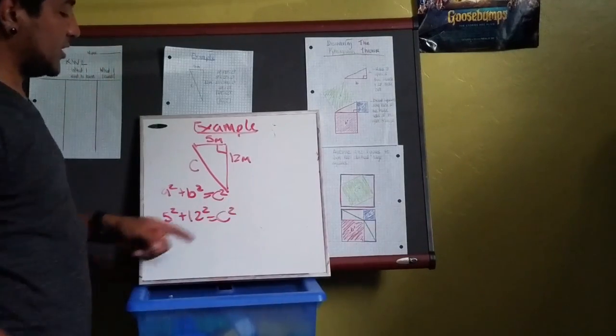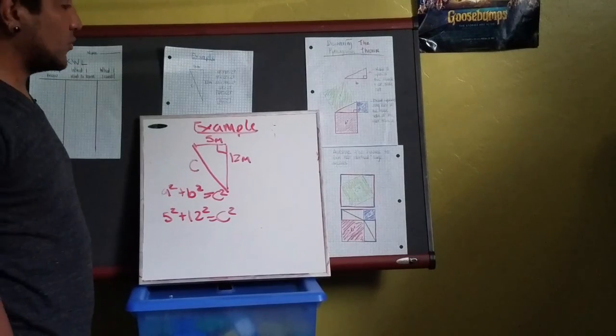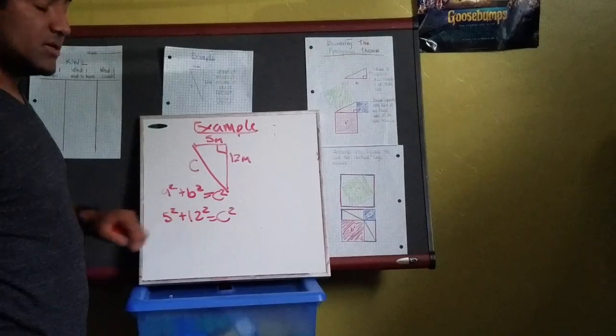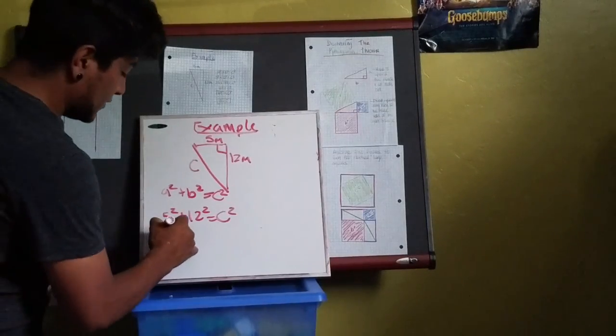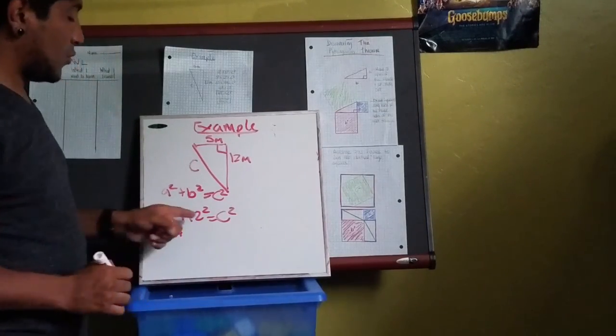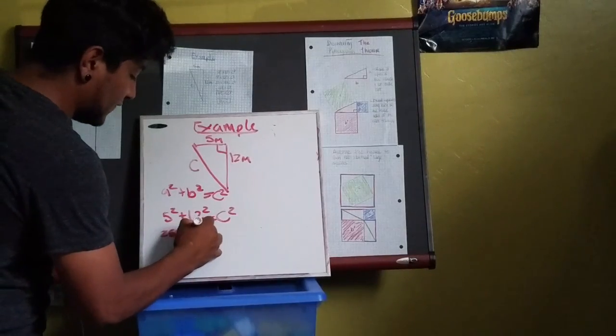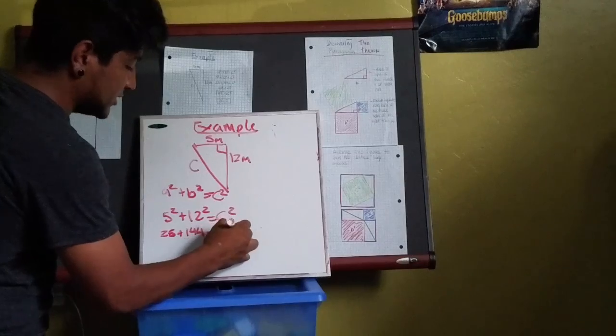And since we don't know C, we use C squared. Now, what we need to do is solve for these numbers. What's 5 squared? That's right, 25. What's 12 squared? Alright, it's 144. And that will equal C squared.